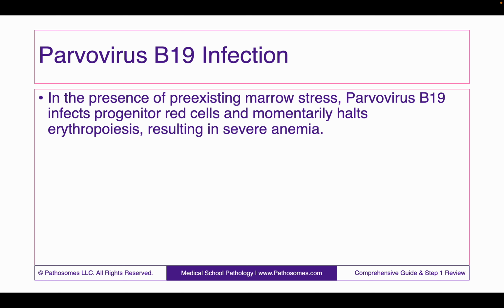such as Parvovirus B19 infection. In the presence of pre-existing marrow stress, Parvovirus B19 infects the progenitor red cells, called pronormoblasts or pronormocytes, and momentarily halts erythropoiesis, resulting in severe anemia.